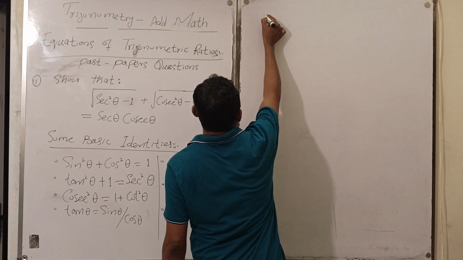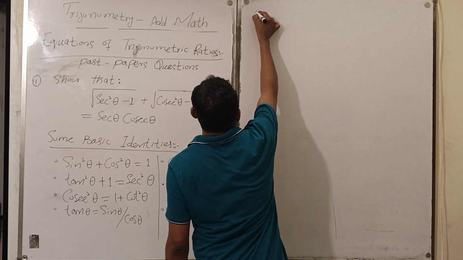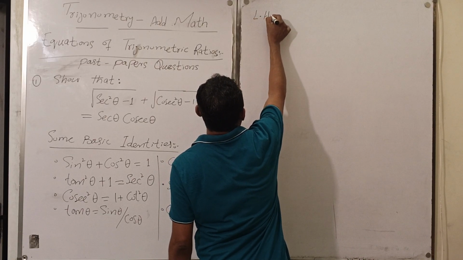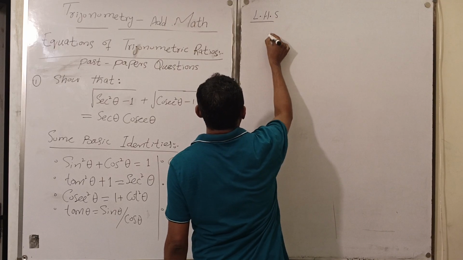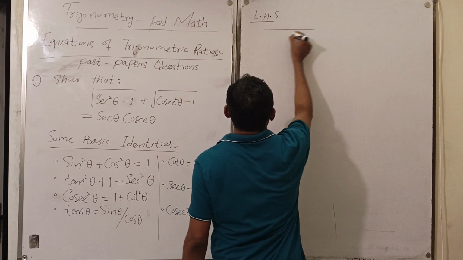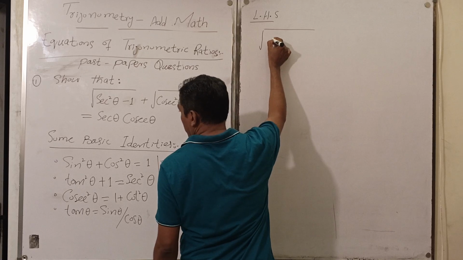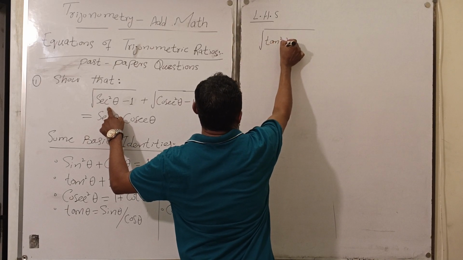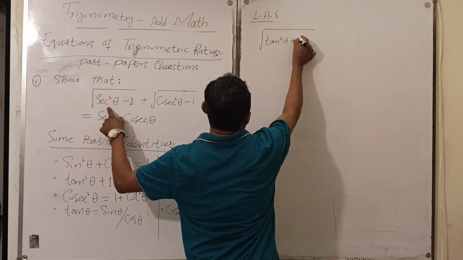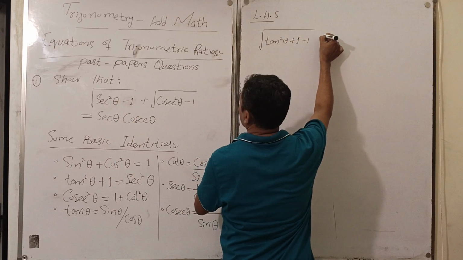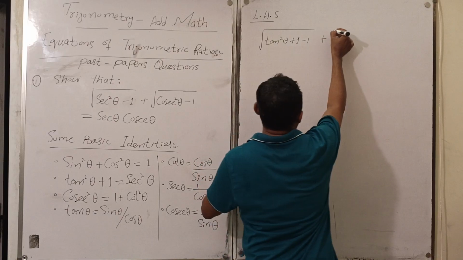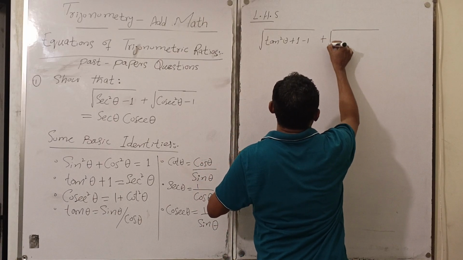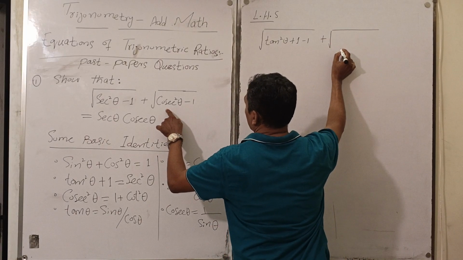So now, the left hand side can be this one, minus 1, plus sec square theta minus 1.